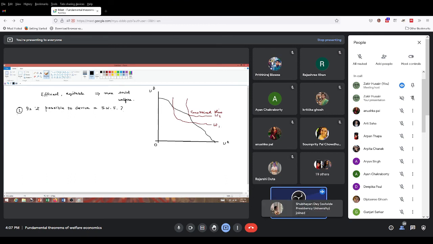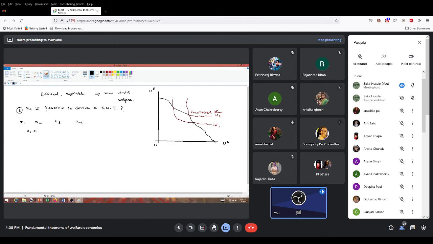When I say that you have a utility function, you have an indifference curve, what I am saying is that there are several commodity bundles. You have some commodity bundles, let us say X1, X2, X3, X4, and you can rank them.